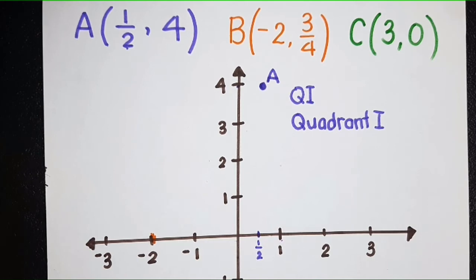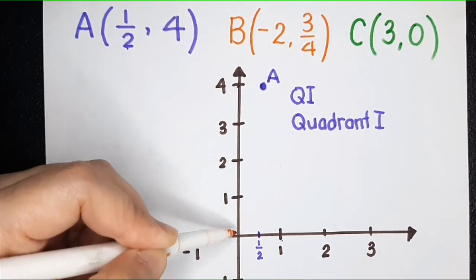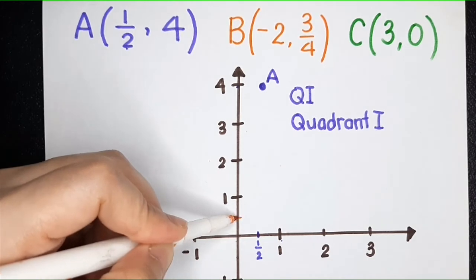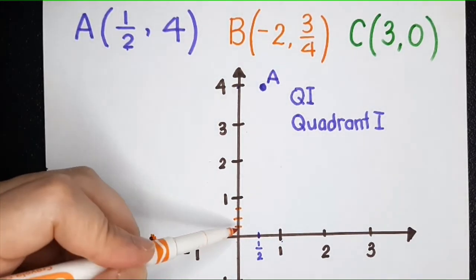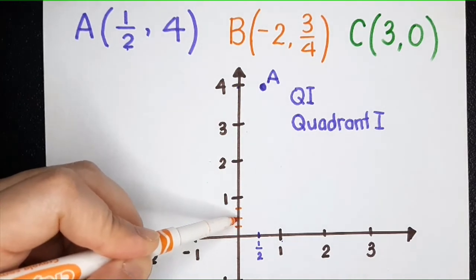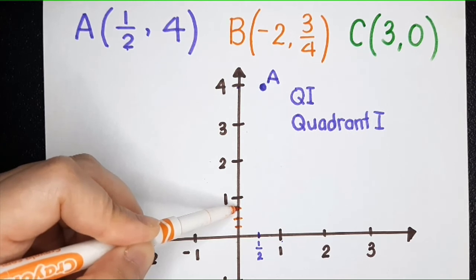Okay? And then, y coordinate. You have 3/4. So, nasaan ang 3/4? So, parang, di ba, ito yung 1. Okay? Hatiin nyo yan into 4. So, ganito. Like that, di ba? So, parang this is 1/4, this is 2/4, this is 3/4. Nandito ang 3/4.